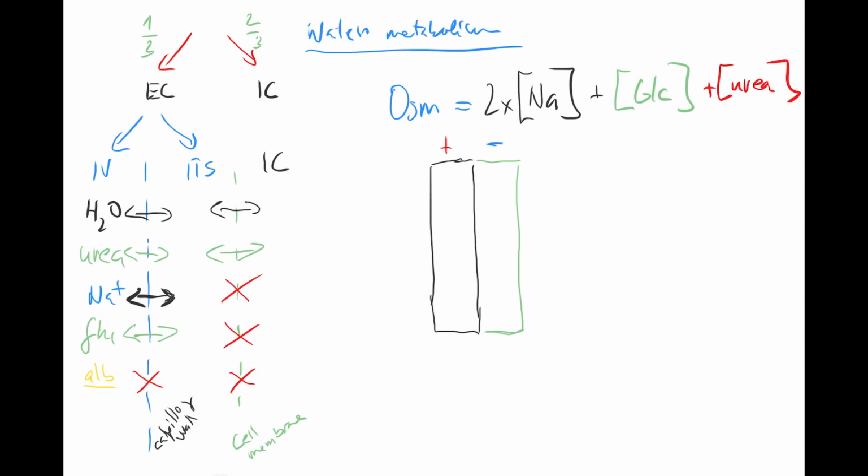So normally, if I wanted to know the osmolarity exactly, I should count everything together, but I can cheat because I know the rule of electroneutrality. And I know the highest amount of cation is sodium. That's 140, isn't it? 140.